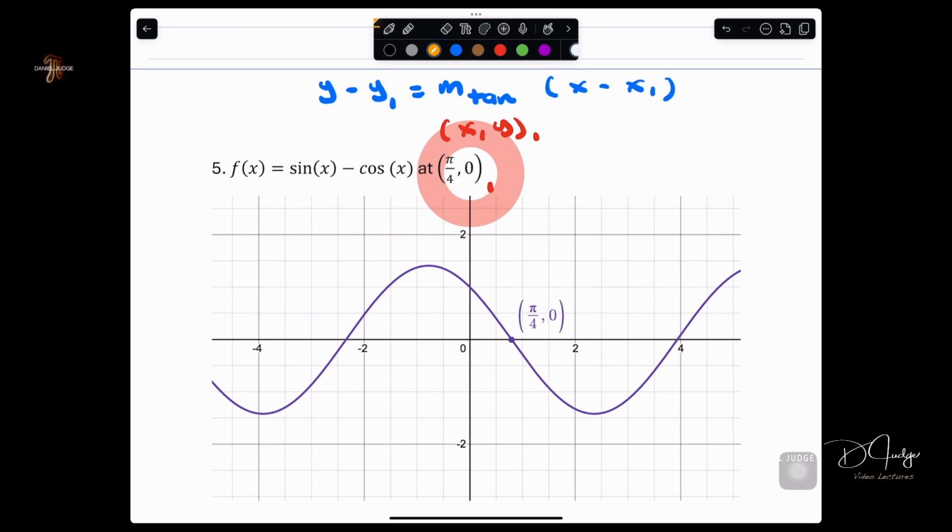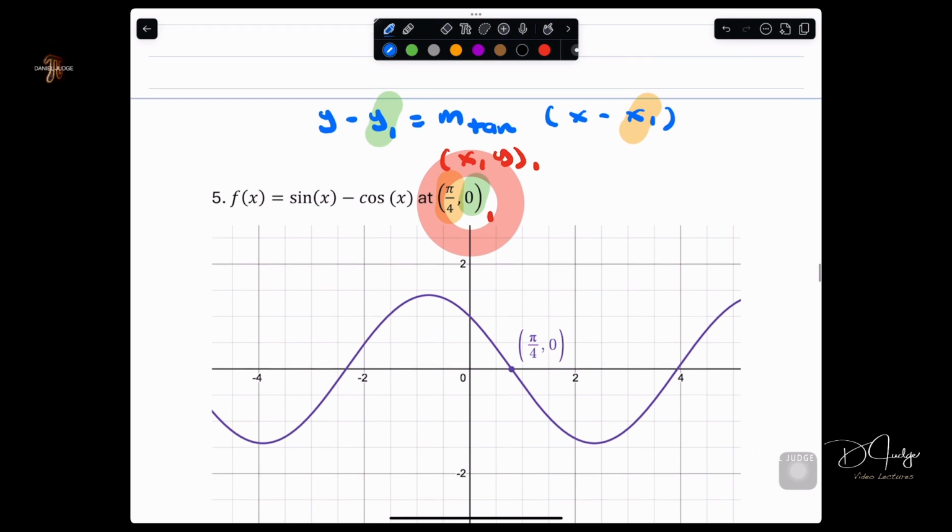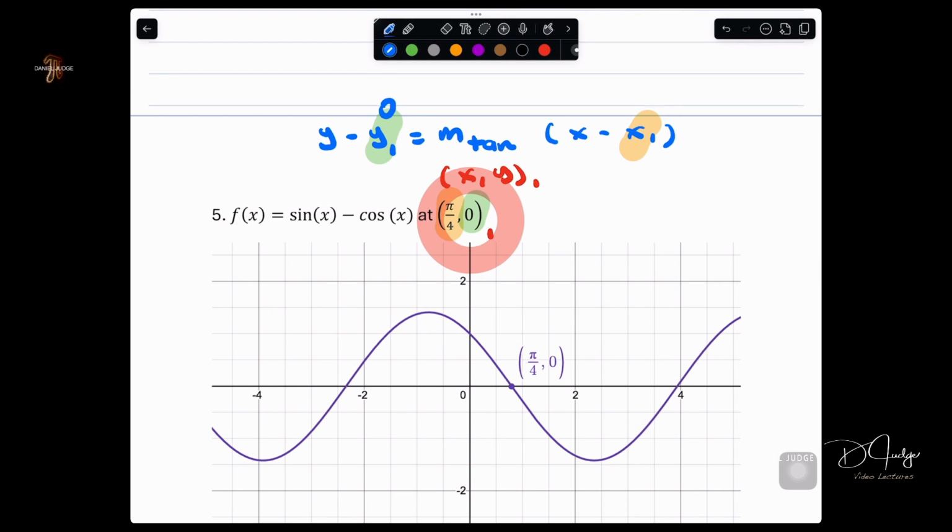So we already have the x1 and the y1 values. We just have to find m tangent. So we get 0 and pi over 4. So m tangent for sine minus cosine at pi over 4 now.